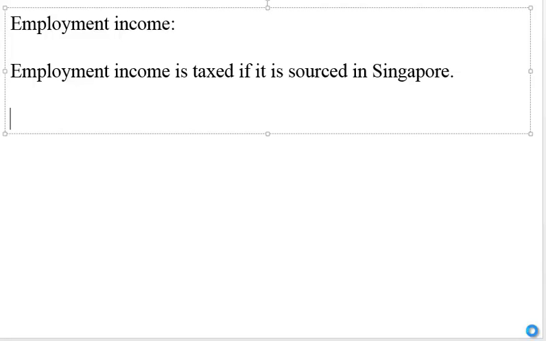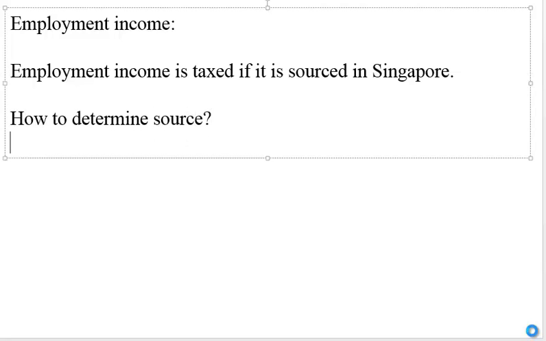So how do we determine whether the source is in Singapore? Many things. First of all, where is the employment exercised?